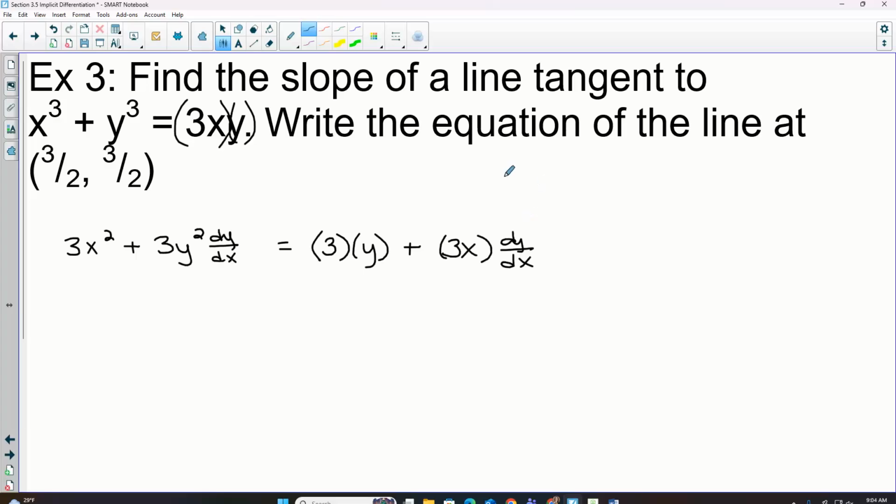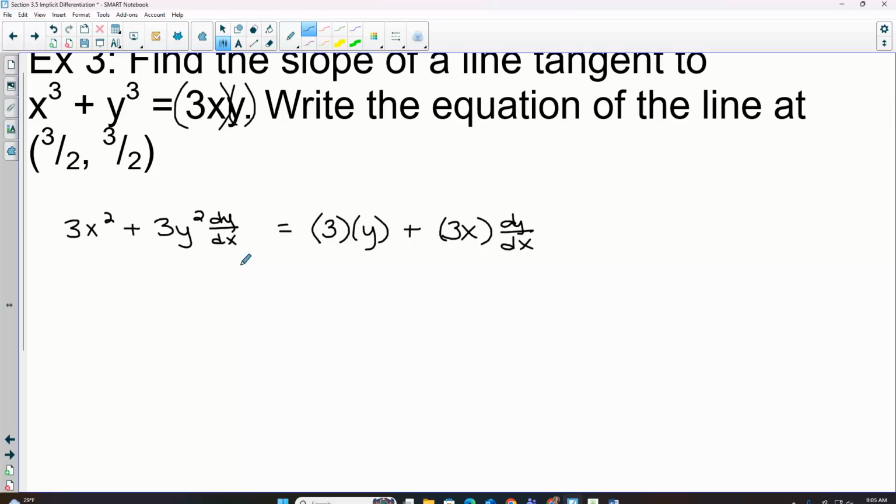From here, we have to be able to answer the question. So, if I asked for the derivative, we would have to solve for dy dx. To do that, we need to get the terms with a dy dx on the same side, and then the terms without it on the other side. We have 3y squared dy dx minus 3x dy dx equals 3y minus 3x squared.